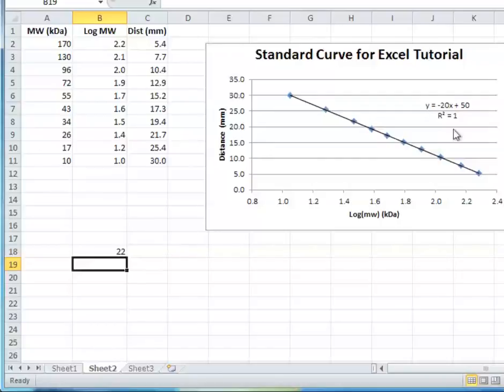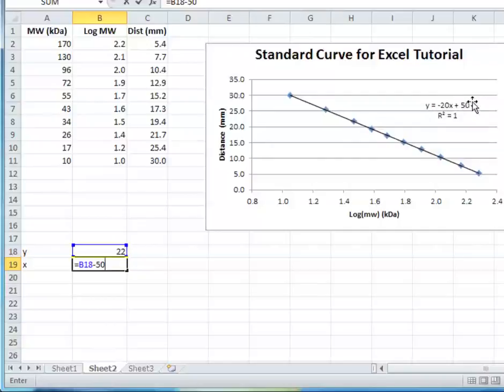So we take this equation and solve it for x, because if y was 22, then what is x? If we plug in 22 for y, then x is going to equal y minus 50, because we've got 50 over here.